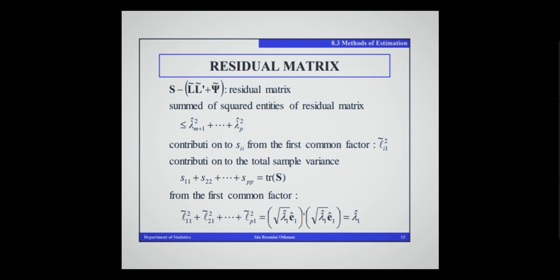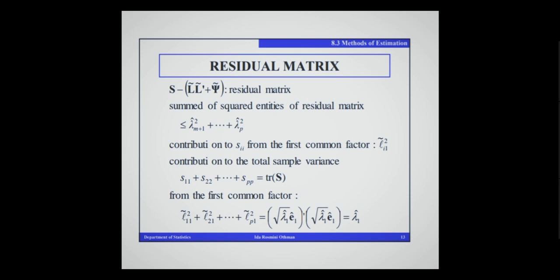Okay, so from there we can create the residual matrix. This is a formula to create the residual matrix. S adalah variance covariance matrix minus tadi factor loading matrix multiply dia punya transpose of the matrix plus the diagonal matrix of big psi.